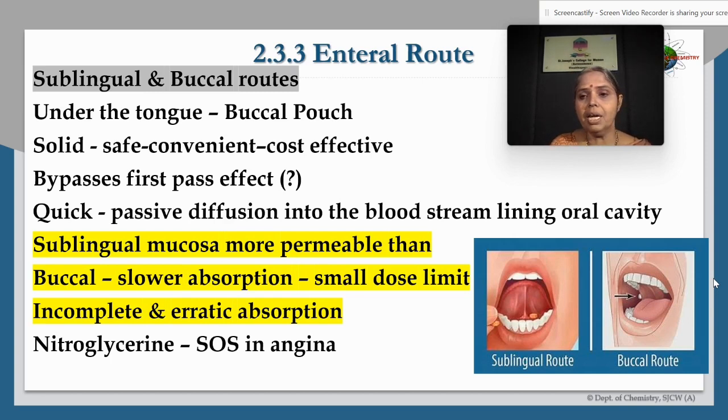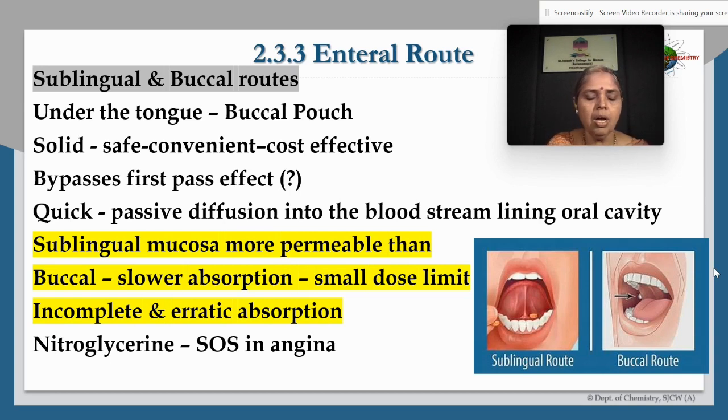But in the buccal region, or the buccal pouch, it is not so rich in blood circulation, so absorption will be slow. Also, one disadvantage of this route is that only low doses of the drug can be taken, because you can't keep a big drug under your mouth or in the cheek, between the gums and the cheek.